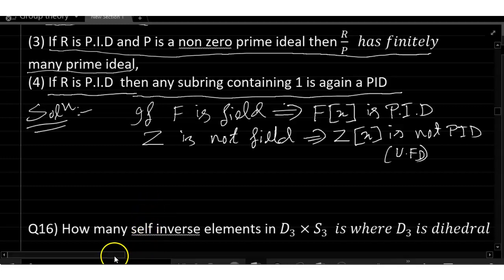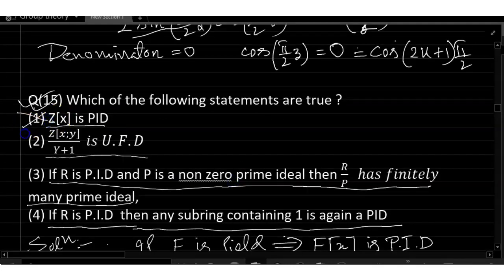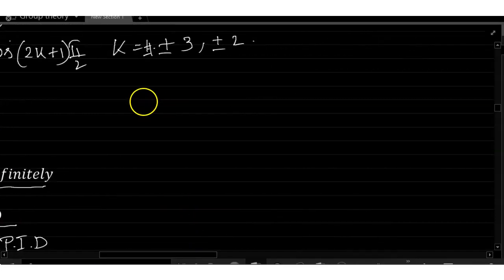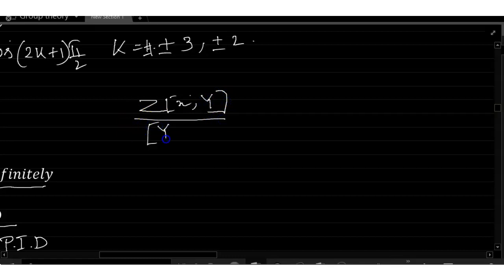Now we will discuss option 2, that Z[x, y], this Y is capital Y friends, is a UFD. So Z[x,y]/(y+1) is isomorphic to Z[x].